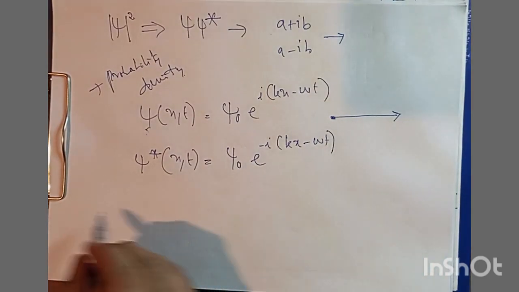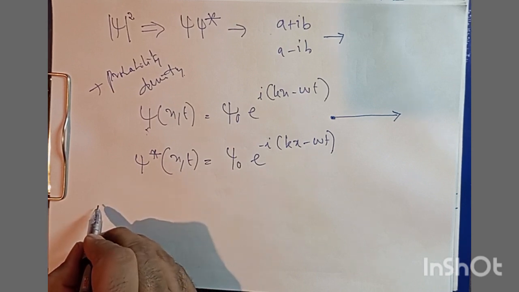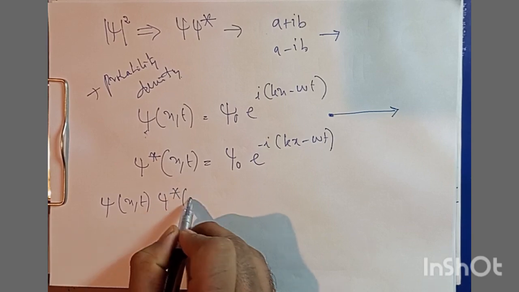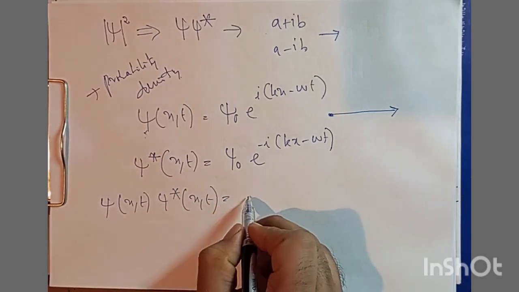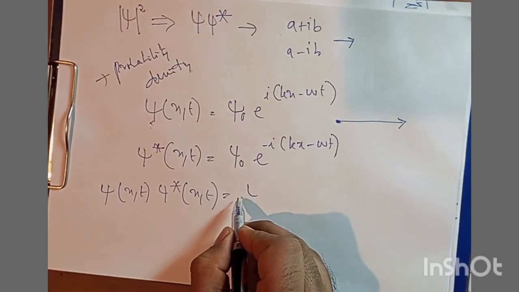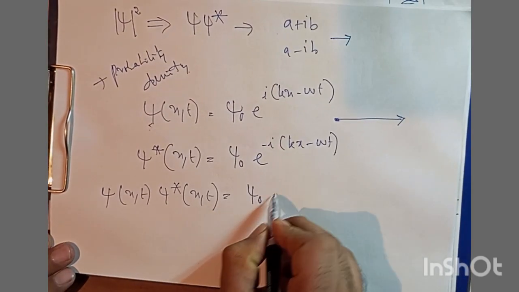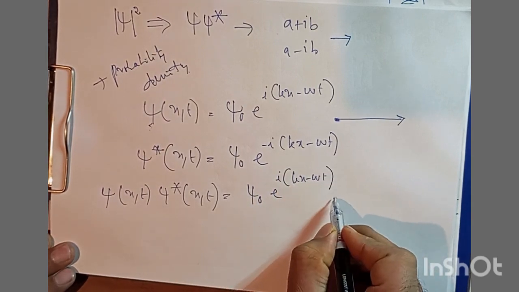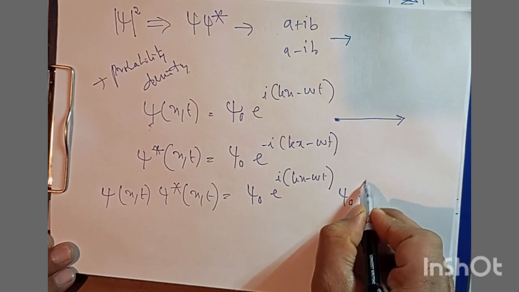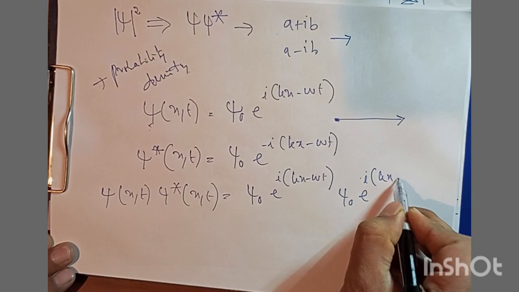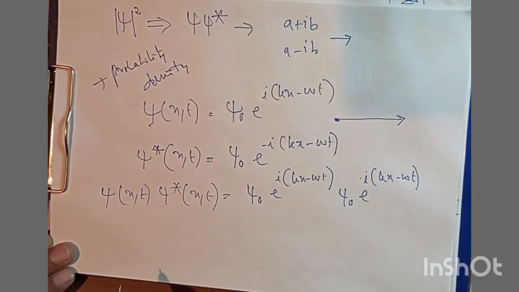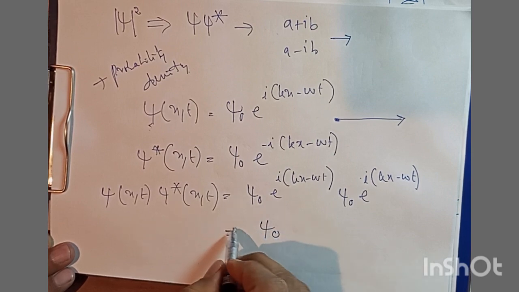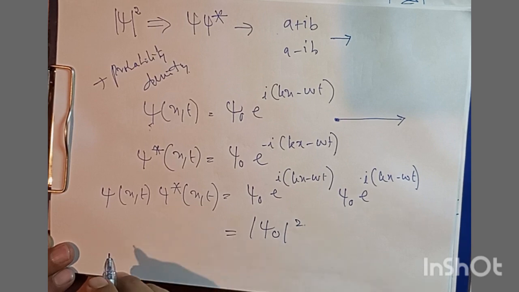So here we can measure psi of x,t and psi star of x,t. What we are going to get is psi naught e to the power of i kx minus omega t, times psi naught e to the power of minus i kx minus omega t, and we can immediately obtain psi naught squared, right?